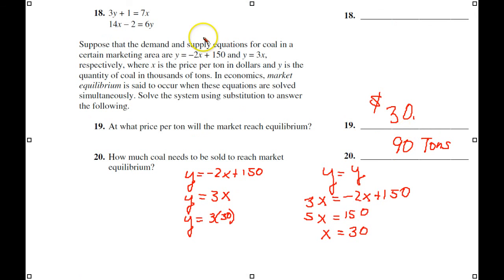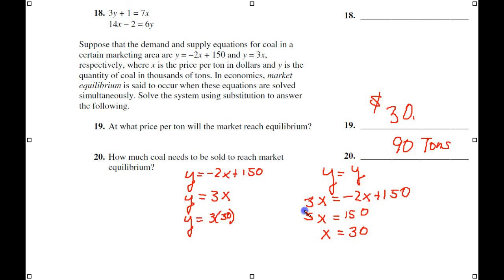Now, as we read through this, notice we have a formula y equals this and y equals that. So we have these two formulas that are in essence both equal y. So in a sense we're saying y equals y.